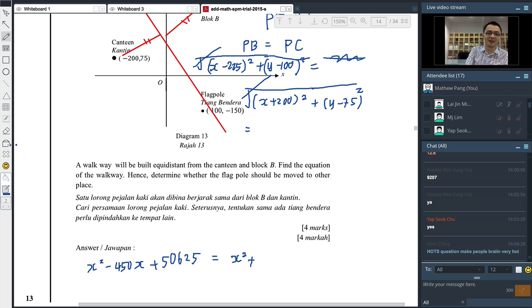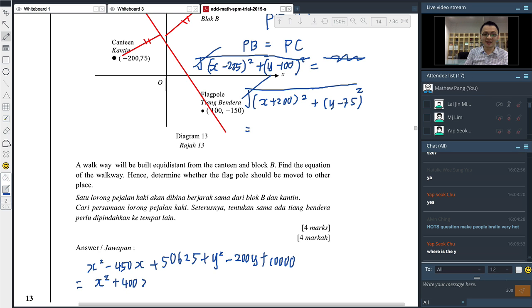Oh my god, I'm so lost. Then y squared minus 200y plus 10,000 will equal x squared plus 400x plus 40,000, and then plus y squared minus 150y plus 5625.